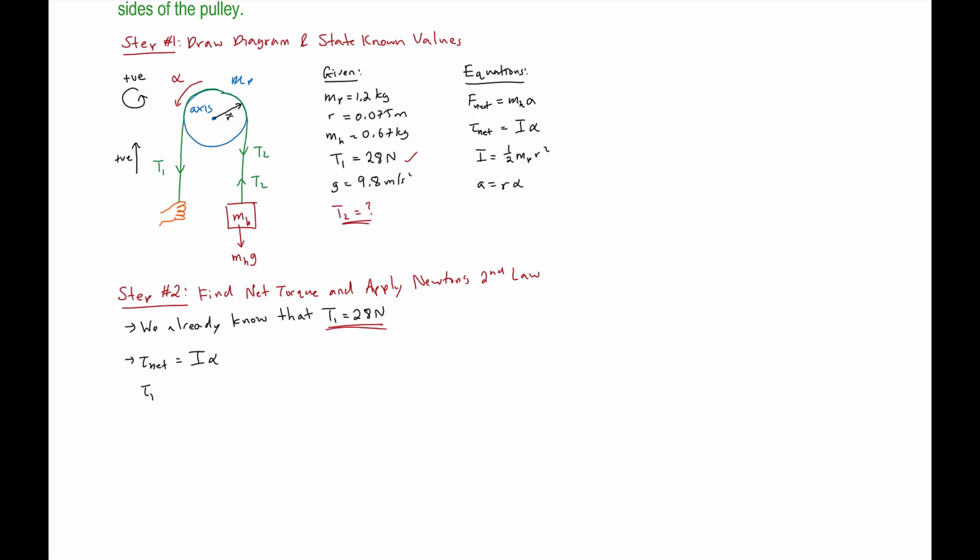So we have tau 1 minus tau 2, and that is equal to I times alpha. So we also know I is equal to 1/2 mpr squared, and alpha is simply equal to a over r.